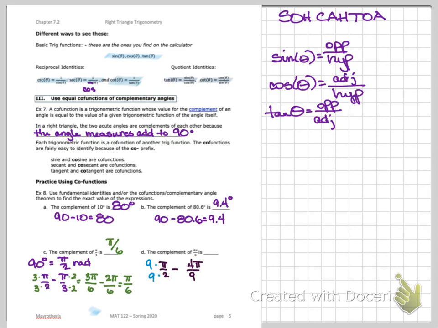So we multiply this one by 9, this one by 2. We get 9 pi over 18 minus 8 pi over 18. Denominator stays the same when we're subtracting fractions. We subtract the numerators, we get 1 pi. So the complement of 4 pi over 9 is 1 pi over 18.